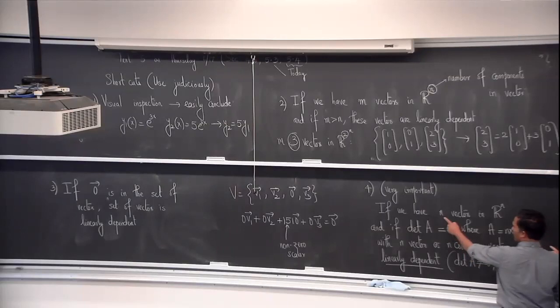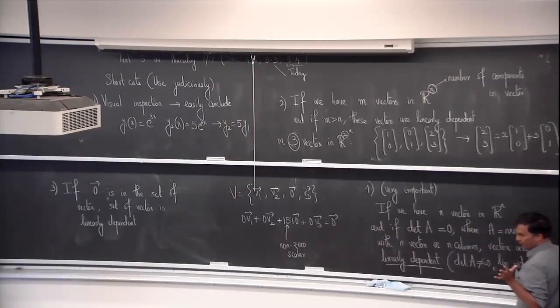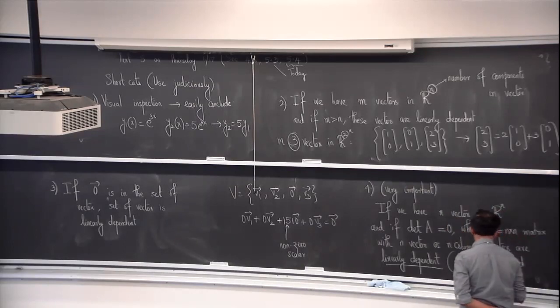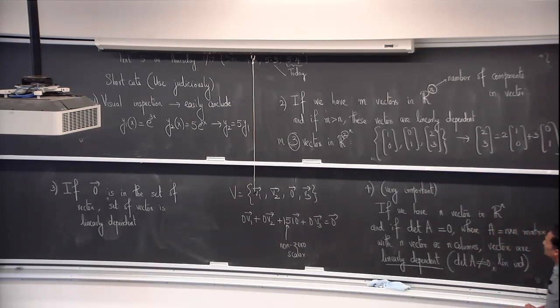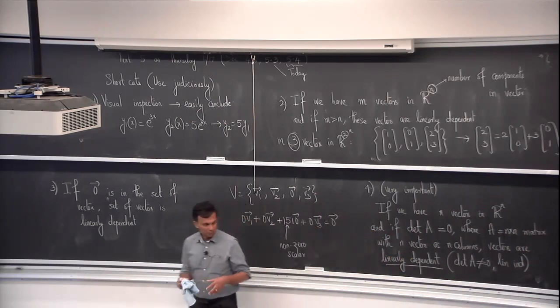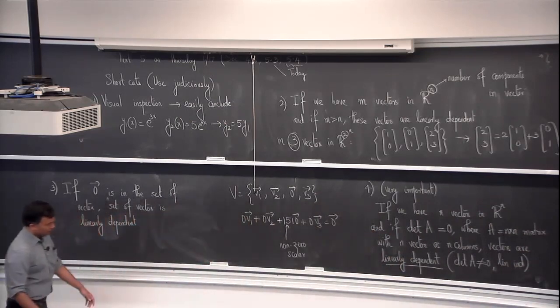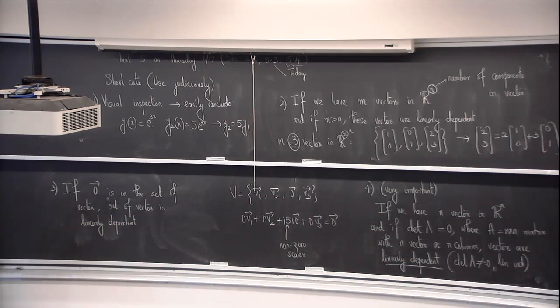You cannot have 5 vectors in R3 and take a determinant out of it because it's not square. It has to be a square situation to do this. So if the determinant is not equal to 0, they are linearly independent. We will make use of that quite a bit, not only in this section, also in 5.5. That is probably the root of everything in linear algebra, the determinant being equal to 0 or not.